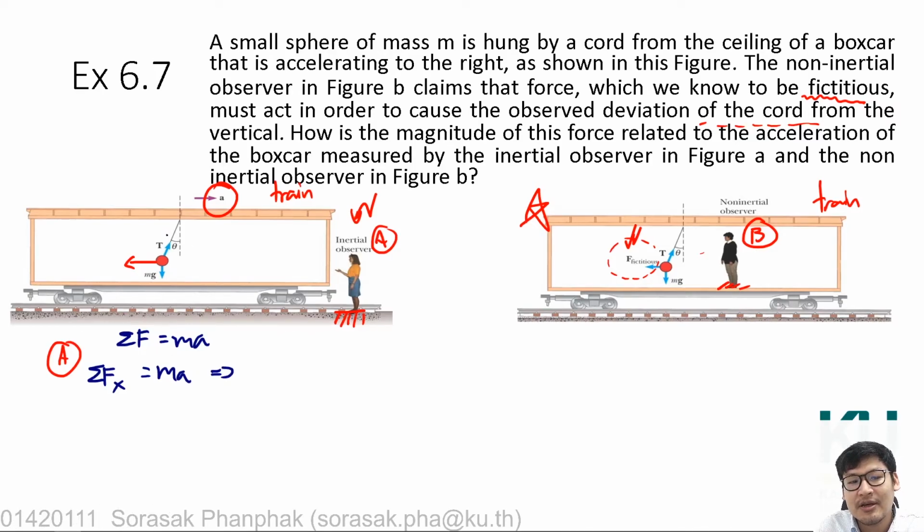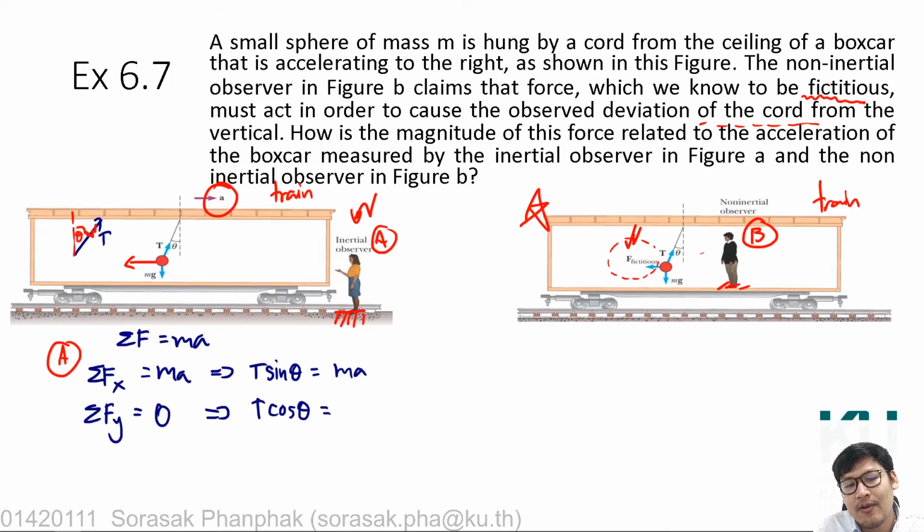In this case, if this is T and this is theta, you can break it into components for the x direction as T sin theta equal to ma. And how about the y direction? That is in a stationary state, so sigma Fy is equal to 0, so you get T cos theta equal to mg. This is what is observed from lady A's point of view.